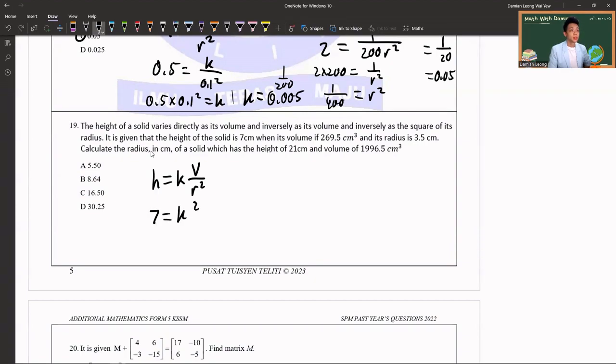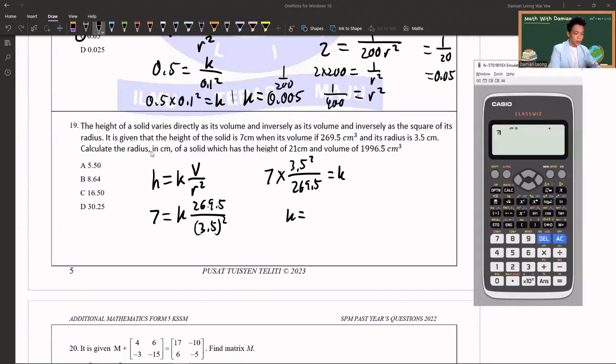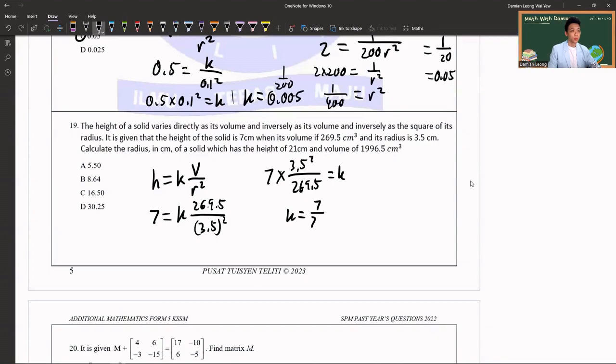7 equals K times 269.5 over 3.5 square. So bring over 7 times 3.5 square, divide by 269.5, and I get K. So get the value of K here. 7 times 3.5 square, divide by 269.5, and I get 7 over 22.